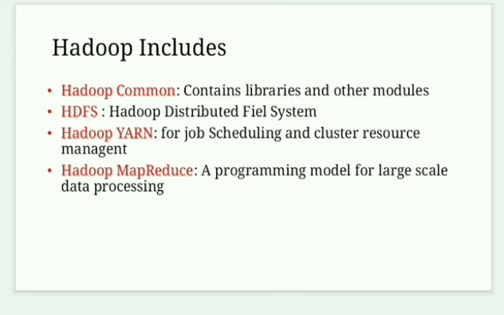Next we'll see HDFS. HDFS is nothing but the Hadoop Distributed File System. That means it is mainly responsible for storing the big data: how the data should be stored, in which manner, and so on. Next is Hadoop YARN, which is yet another resource negotiator. That means it is responsible for job scheduling and cluster resource management.